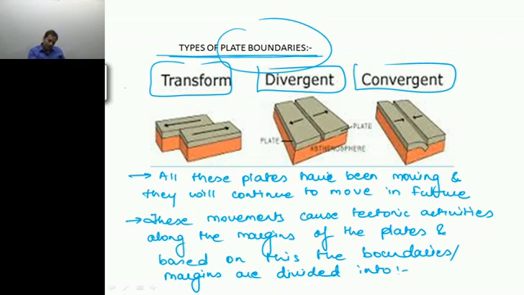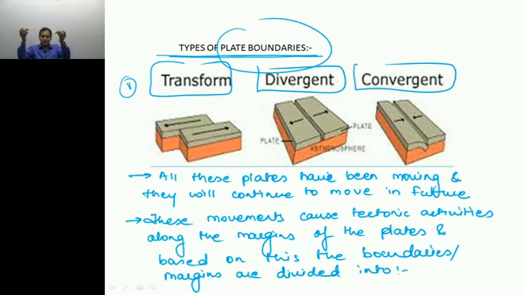As you can see in the first diagram, how is the transform plate boundary? In the transform plate boundary, the plates are sliding past each other. They are not moving towards each other, they are not moving away from each other, they are just sliding or gliding past each other. In the divergent plate boundary, what we have studied already in the sea floor spreading, they move away from each other, that is there is opening up of the crust of the earth.